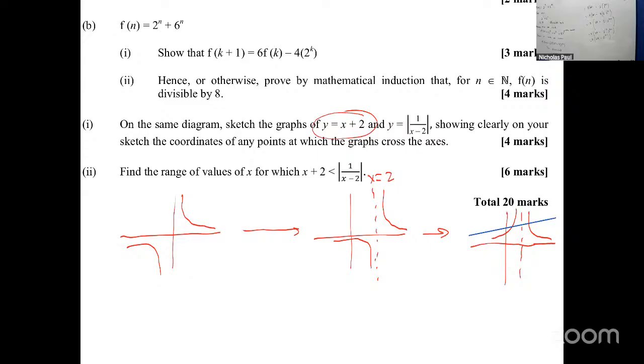Right, so on the same diagram, sketch both of them, show clearly the coordinates of any points which cross the x-axis. So here is 2. What's this point here? I know it's a little small. What will that be when x is 0?